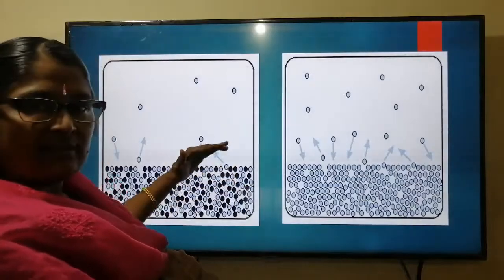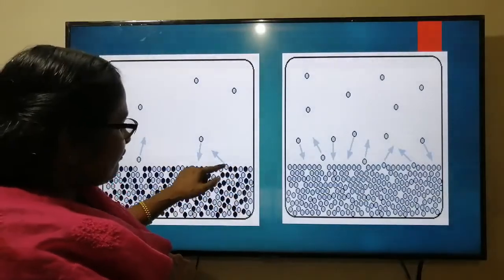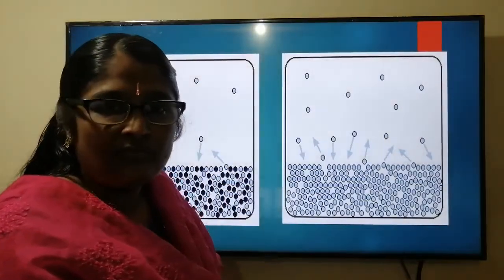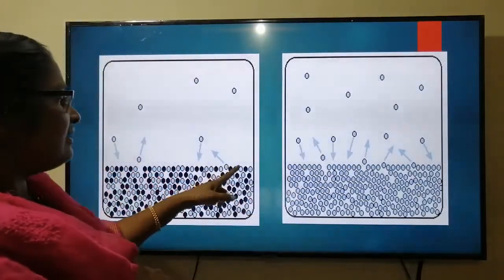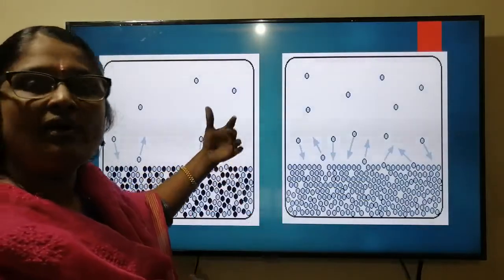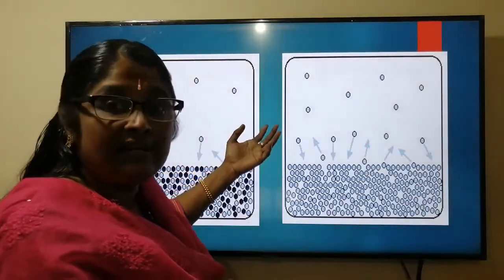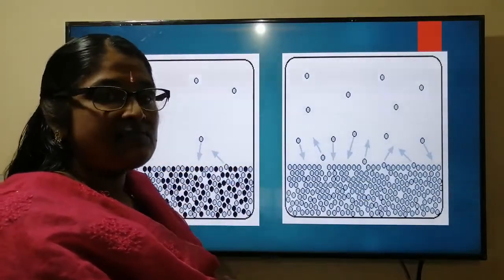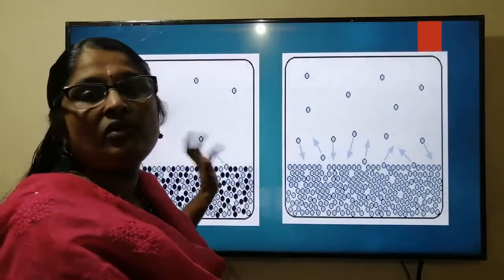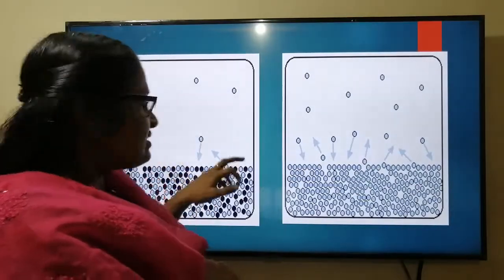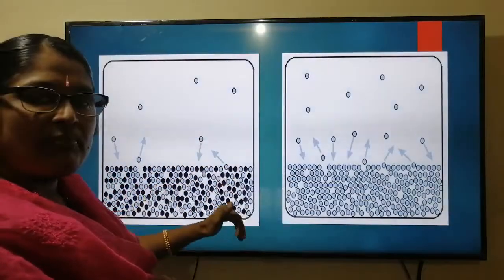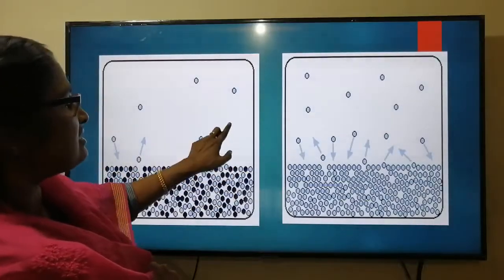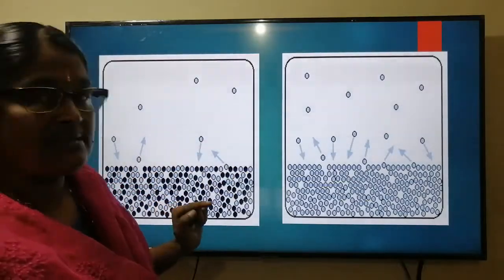So it is blocking the water particles, isn't it? Only a few water molecules get the chance to go into the vapor form. Compared to the pure solvent, the number of water particles going into the vapor form decreases.